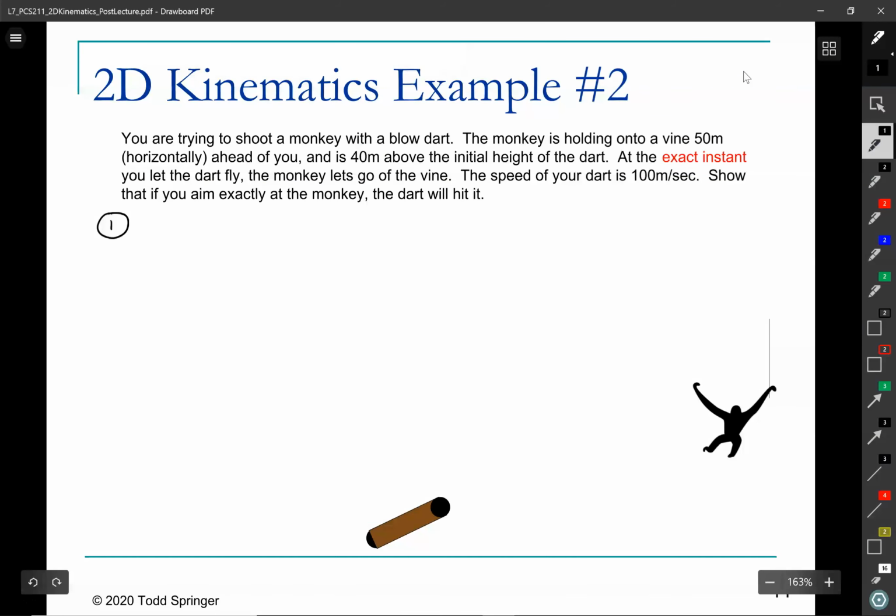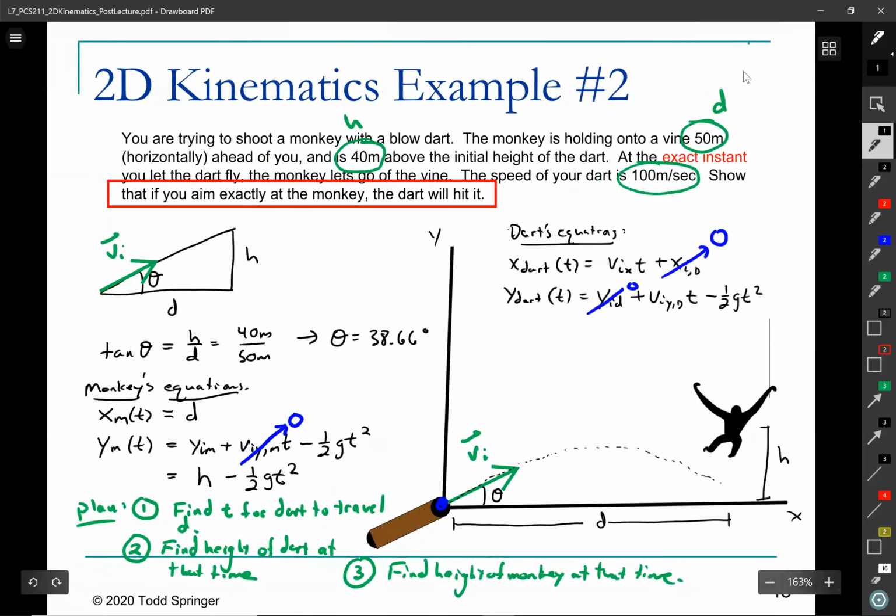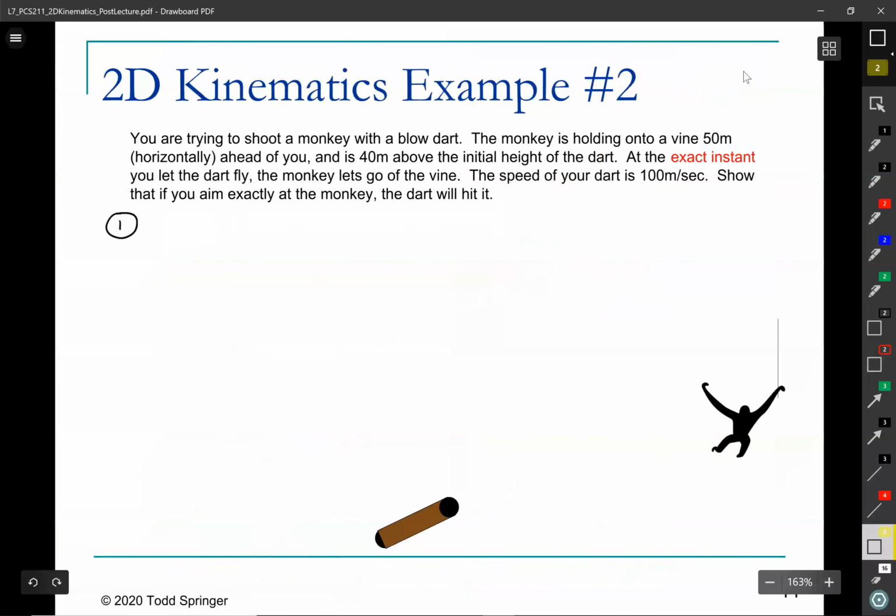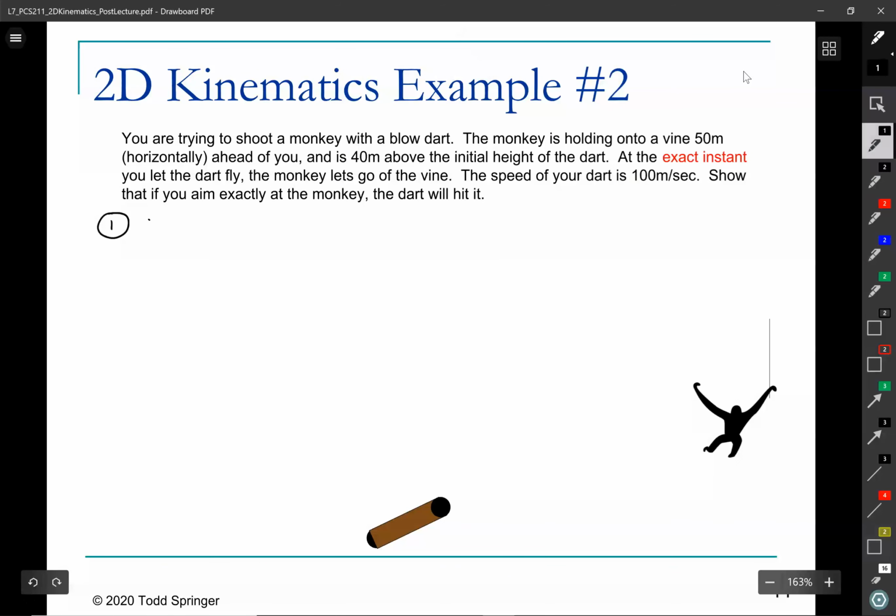To find the time it takes the dart to travel a distance d, I'm going to use the equation for x, this x equation up here. So the position of the dart is going to be d, and then it's going to be vi, the x component of the velocity, times t. So x of t for the dart is vix for the dart times t.